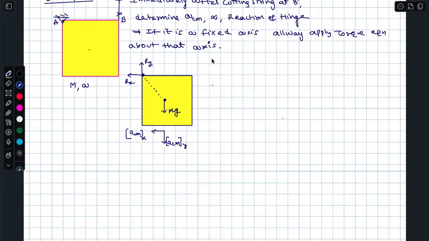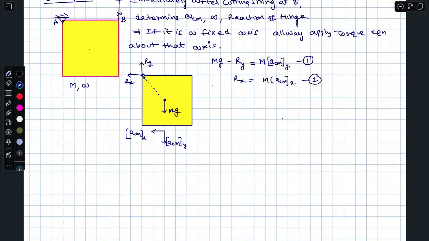Now, mg minus Ry is m ACMY, equation 1. Similarly, Rx is equal to m ACMX, equation 2.